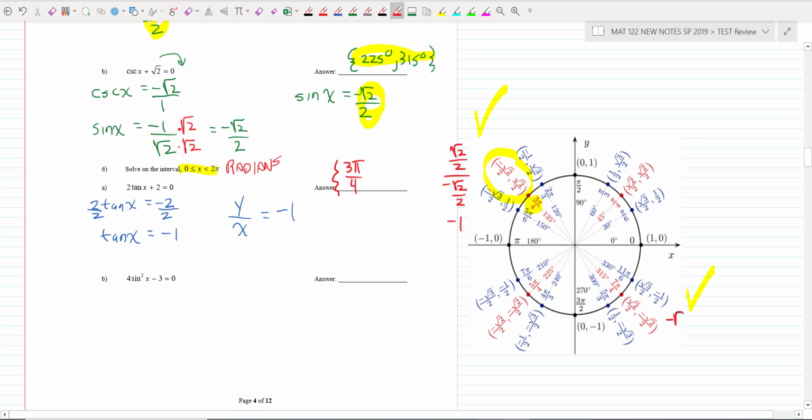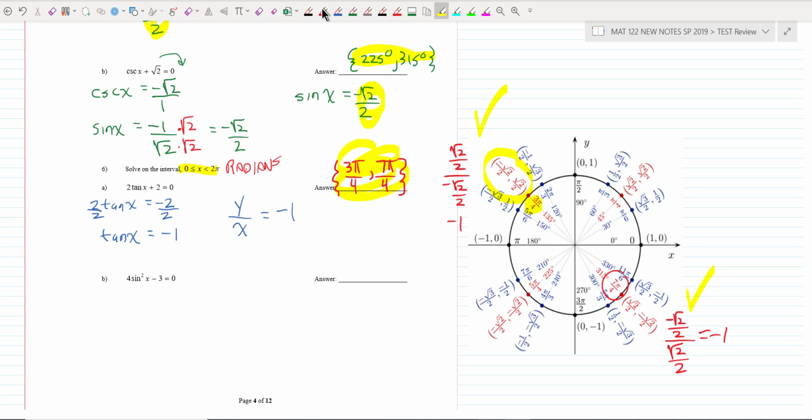If you do y over x here, you would also get negative 1. So if you're interpreting a tangent on a unit circle, then you essentially want to figure out where y over x is going to give that value. So the two answers to this problem would be this. And that'll take care of that.